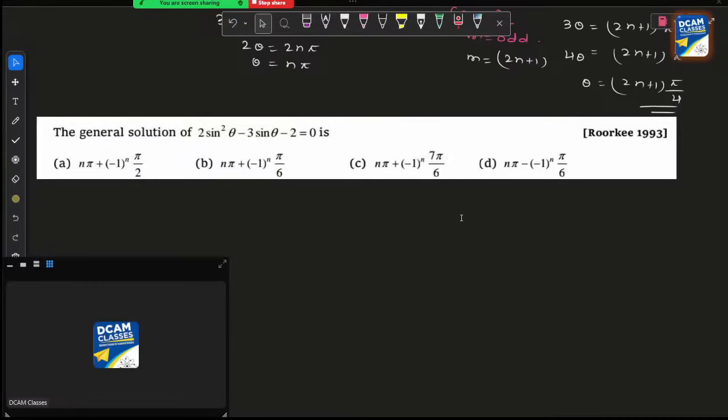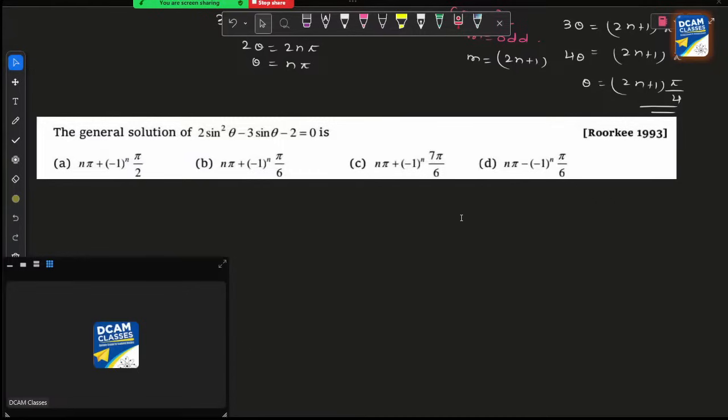So n pi plus minus 1 to the power n, 7 pi by 2, into 7 pi by 6. No. So is it option B?